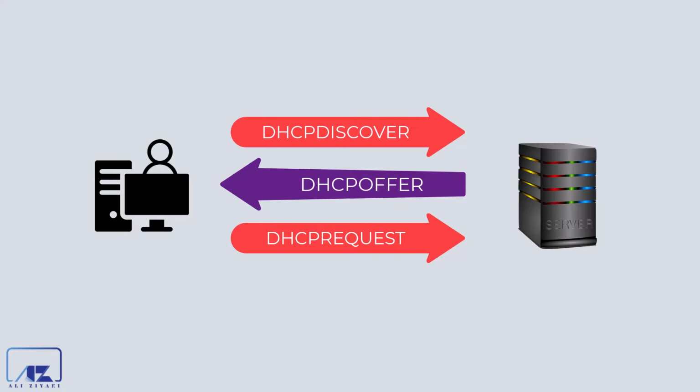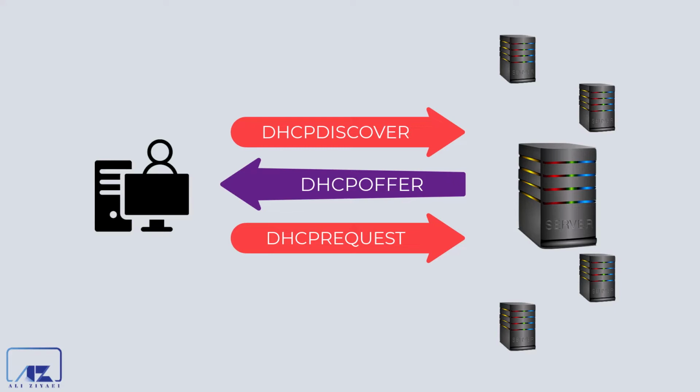Once the client sends out the DHCP Request packet, all the DHCP servers in your network will receive the request. Those servers whose offers the client has not accepted take this message as a notification that the client has declined that specific server's offer.